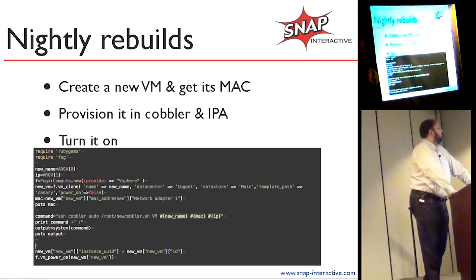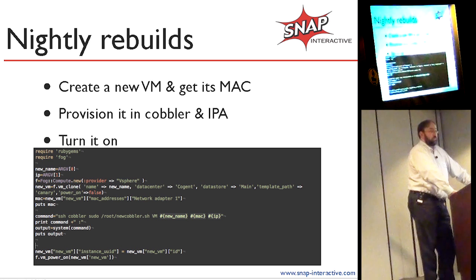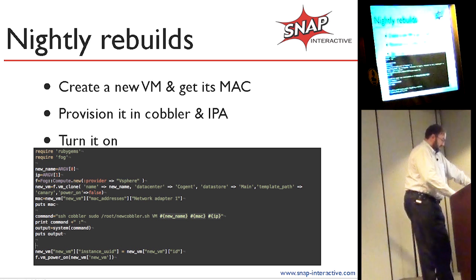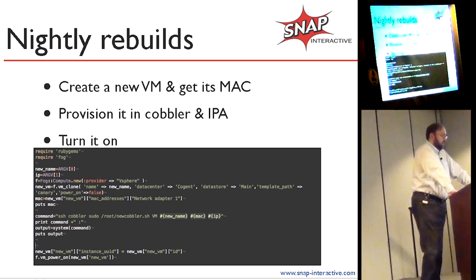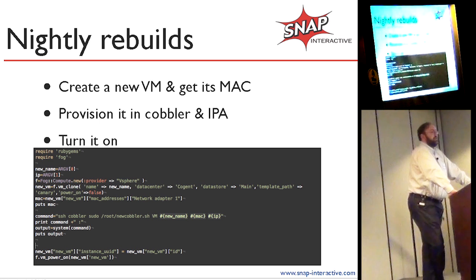I don't know if people have heard of fog.io, but it's a library that abstracts out cloud provisioning tools, including VMware. So this basically clones a VM from a template, talks to Cobbler, adds an IP, adds the DHCP, which also adds it into IPA, which is our Kerberos management system, and then powers on the machine after that.